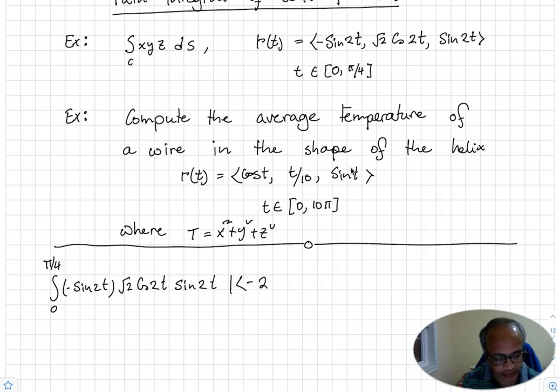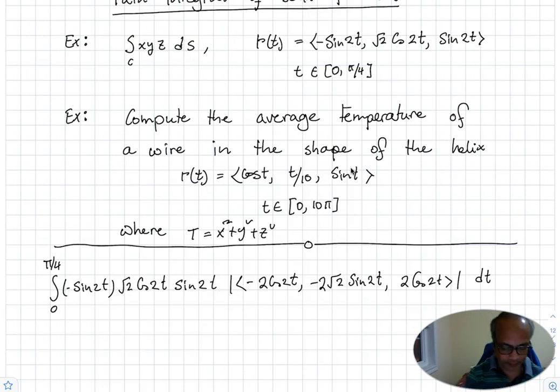If you differentiate, sine of 2t will be 2 cos 2t, right? So cos of 2t, so negative 2 square root of 2 sine 2t, and then 2 cos 2t with respect to t.